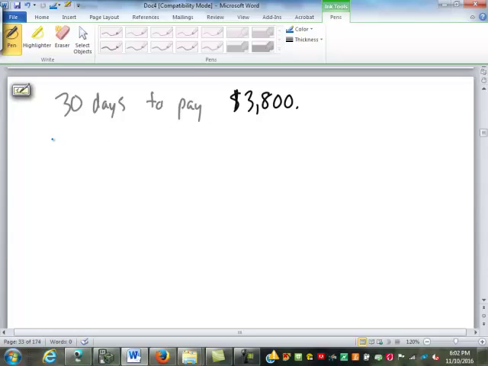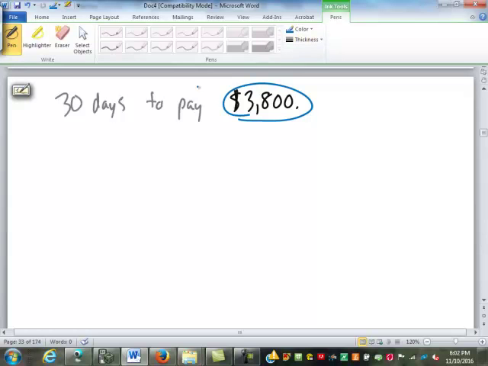Now there's two ways that this happens. One, I'm just going to borrow using that as collateral. If I'm using that as collateral, the bank doesn't want to give me $3,800 because at the end of the month I'm going to owe them more than $3,800. They're only going to give me the amount that they think I can pay back based on that collateral. So they're going to discount it. That's why they would use a discount note, because they don't want the balance to ever go above the value of the collateral.